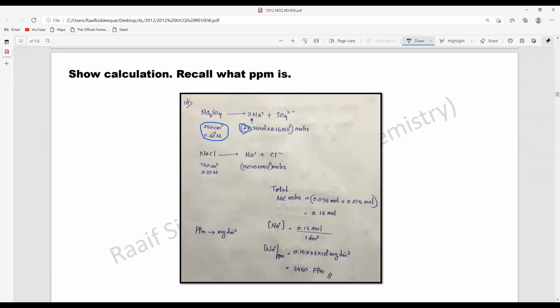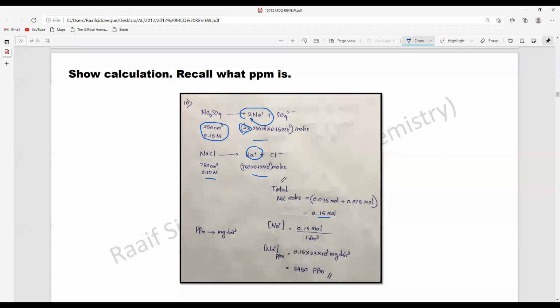Then you can use this volume and concentration to find the number of moles. In the same way, you can do it for NaCl, how many Na plus moles. So the total number of moles at the end in the solution will be the sum of this and this. So it will be like this, 0.15 mole.